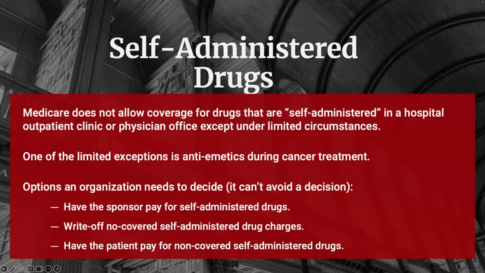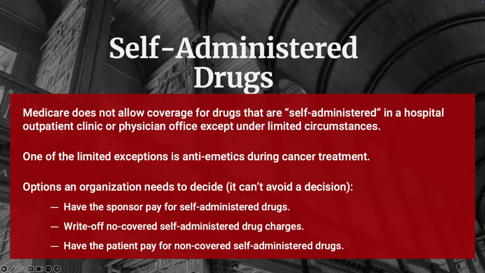And it does get complex because this only applies to Medicare Part B situations, which are listed here in the first point. Hospital outpatient clinics or physician offices. This rule does not apply to inpatient settings, which is Medicare Part A. It doesn't apply to pharmacy settings, of course, which is Medicare Part D. And there are exceptions, which means this is sort of a double negative situation where Medicare at first doesn't cover any drugs that are self-administered in the outpatient setting.